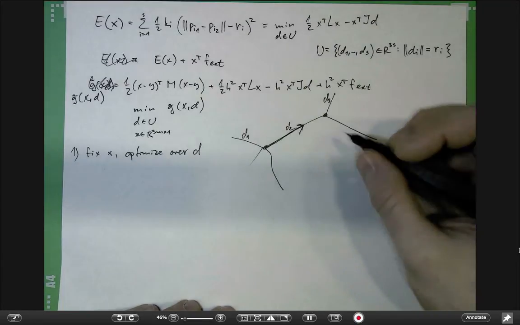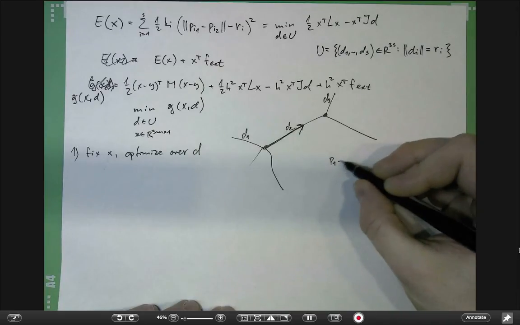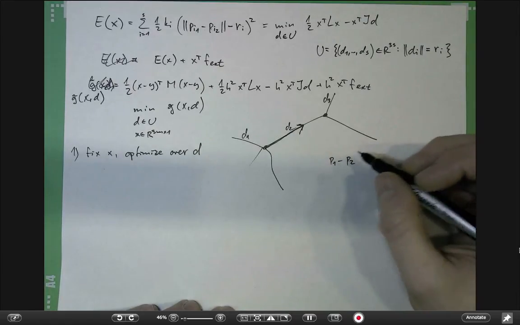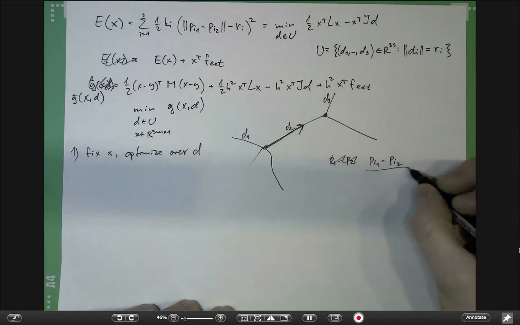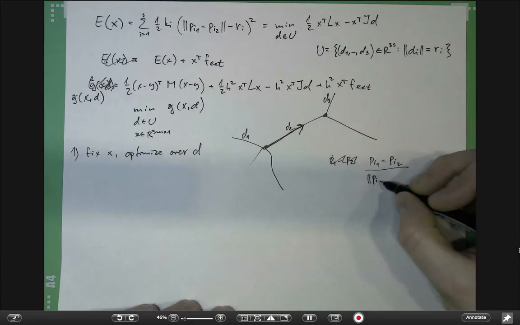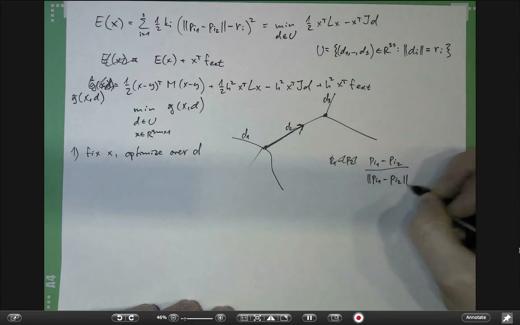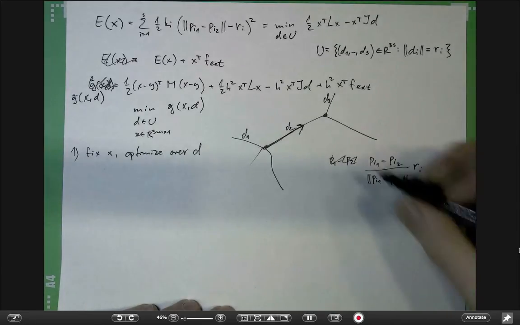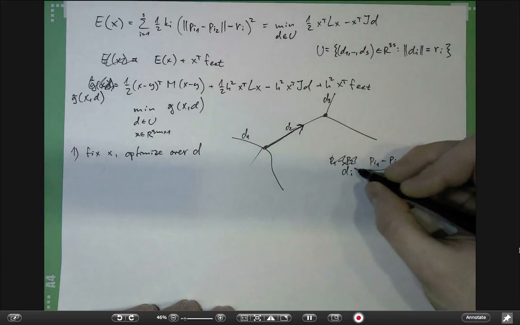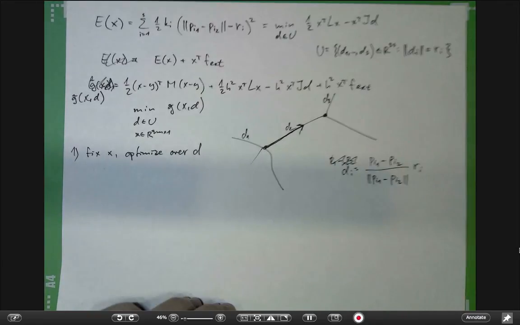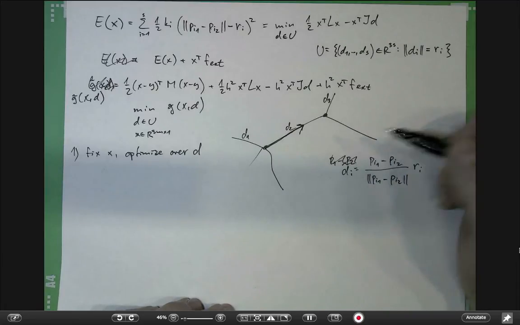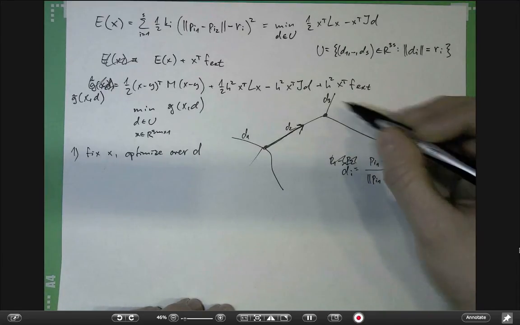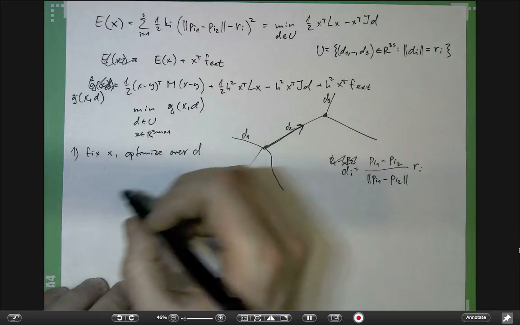So formally, I could write it as p_i1 minus p_i2, divided by the length, multiplied by the rest length of the spring. So this is going to be my new d_i. That's the local step. I do this for every spring, right? Let me draw a better example.